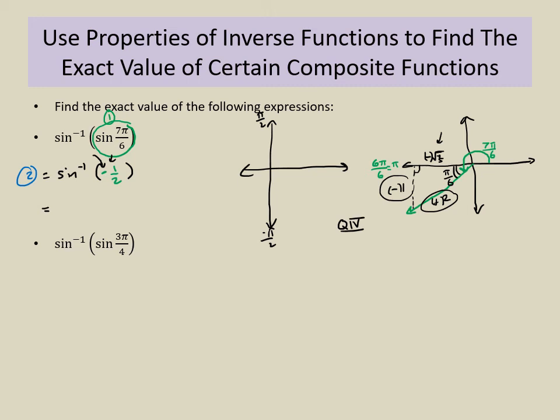The angle whose sine is 1/2, that is pi over 6. So pi over 6 here in Q4, it's going to be negative pi over 6. So our answer is negative pi over 6, because it's an angle in Q4, and that is because the sine is negative.